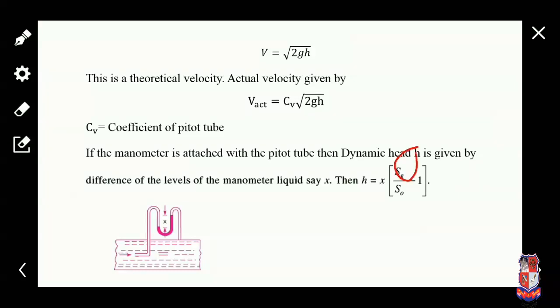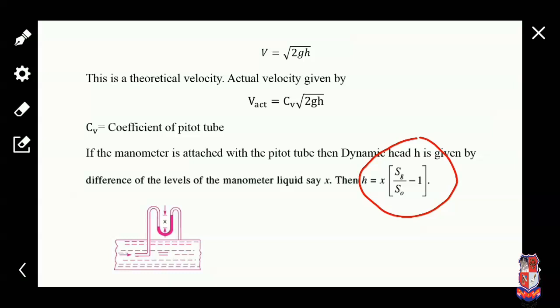Here Sg is the specific gravity of the heavy liquid of the manometer. In most general cases, the heavy liquid is mercury, and So is the flowing fluid in the pipe or Pitot tube, or the light liquid, minus 1.